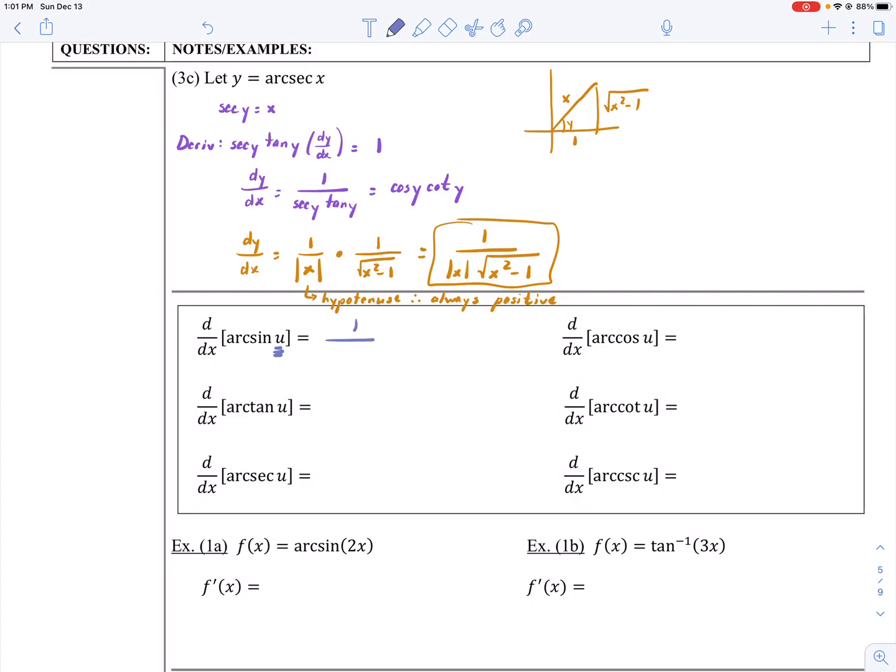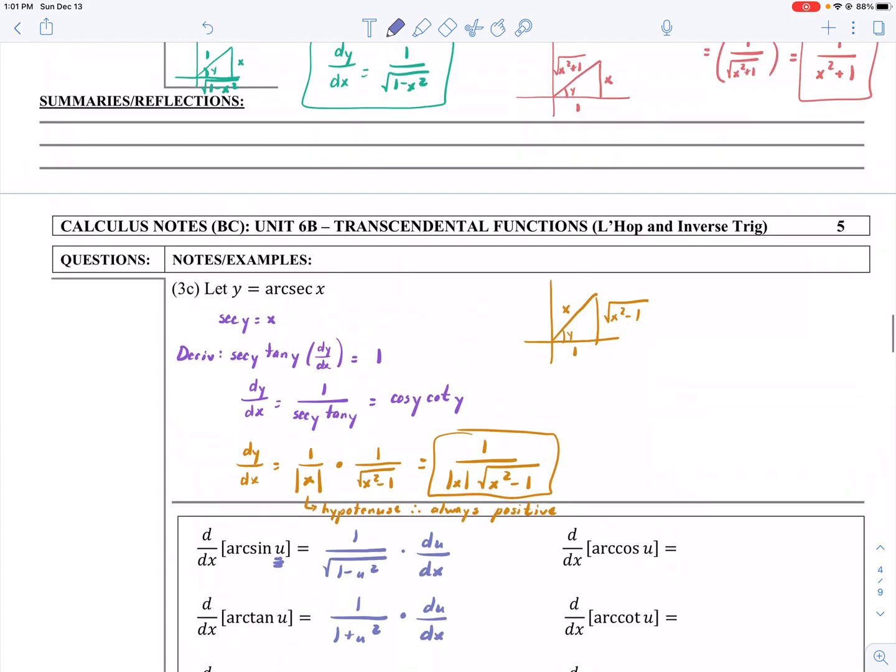It's going to be 1 over the square root of 1 minus u squared, and because it's a chain rule, we're always going to multiply by du dx. And then tangent is going to be 1 plus. There is no square root on that one. Go back and look at how we built the implicit. So you'll see this.